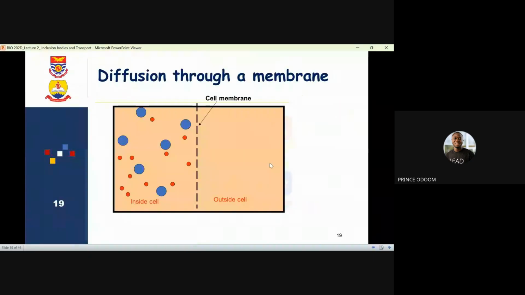So let's look at this image. Can we see the image? What can we say about it? So the females, kindly help us. Is this red or orange?